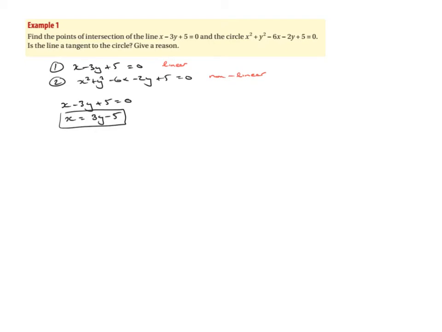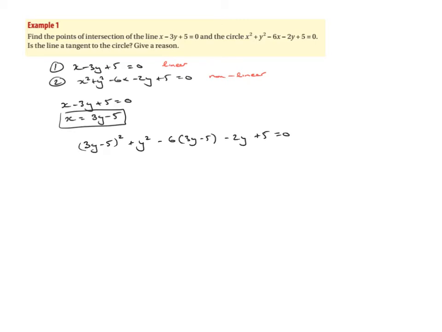That means I can eliminate the x by substituting this in everywhere I see an x in the non-linear equation. We end up with 3y minus 5 all squared, plus y squared, minus 6 lots of 3y minus 5, minus 2y plus 5 is equal to 0.